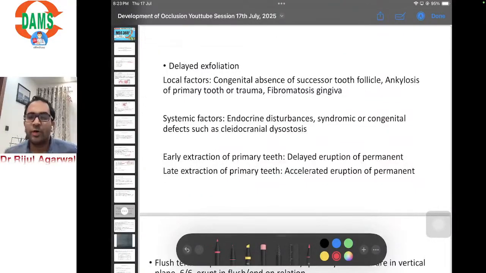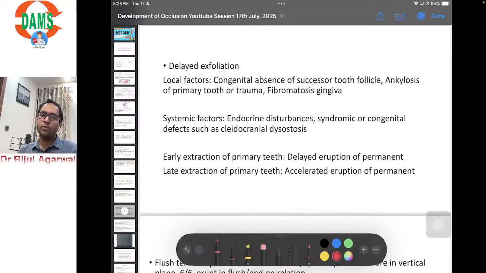Next, factors for delayed exfoliation. Like there is early exfoliation, there are chances of delay in exfoliation or falling of teeth as well. So local factors are congenital absence of succedaneous teeth, and ankylosis of the primary tooth due to trauma; the gingiva is fibrotic.